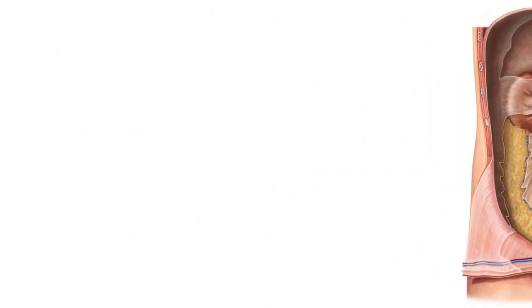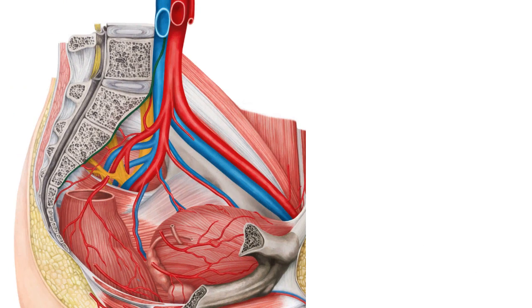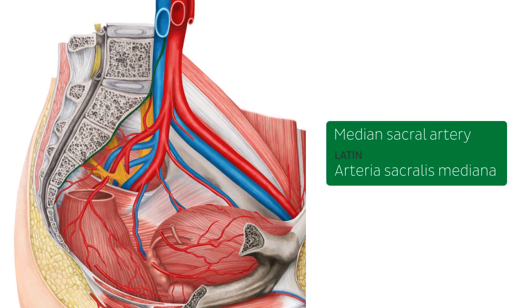Moving on to the next structure that we're going to be seeing on the male pelvis, highlighted in green, we see now the median sacral artery. Now, the median sacral artery is a small vessel that arises from the posterior side of the abdominal aorta, just superior to its bifurcation.